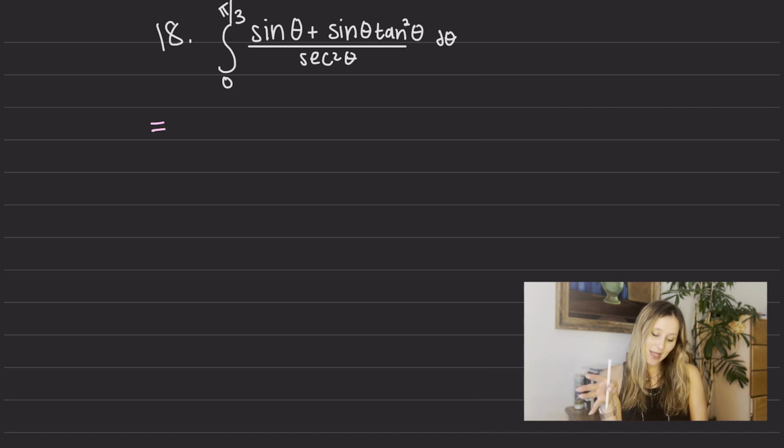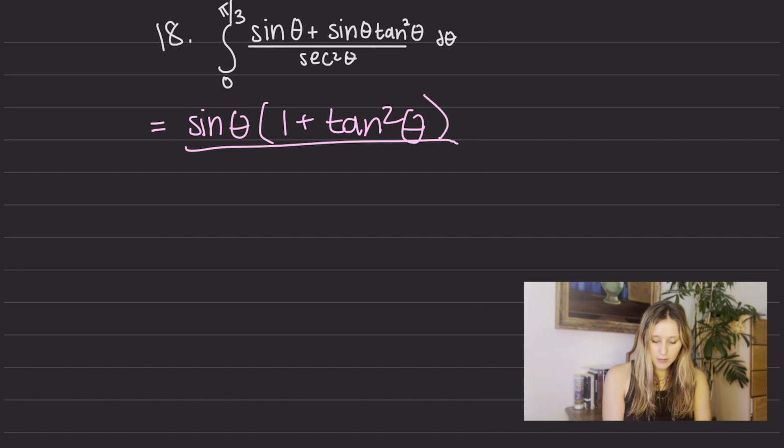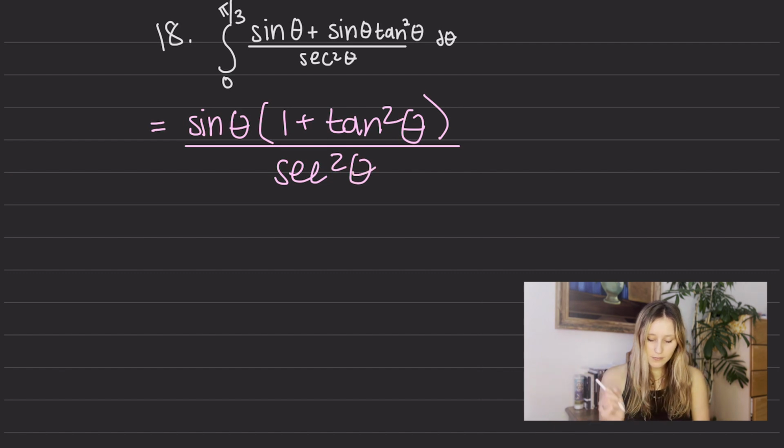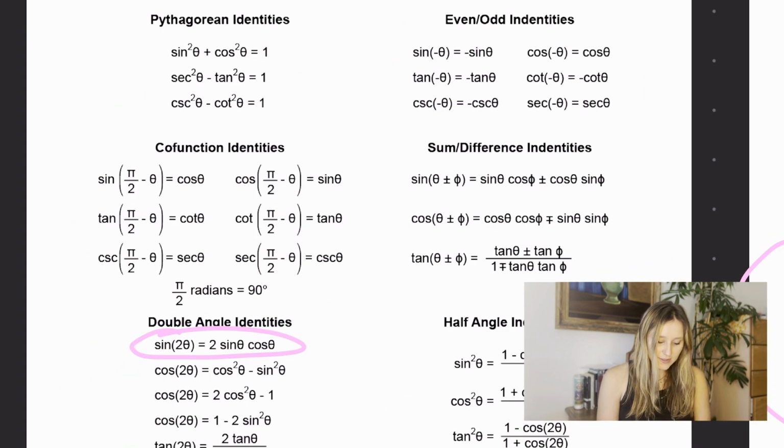18. We see a sine on top, so I'm going to factor that out, see what happens. Okay, so 1 plus tangent squared theta, we have this property here. If we move the tangent to the other side, 1 plus tangent squared theta is going to be secant squared theta.